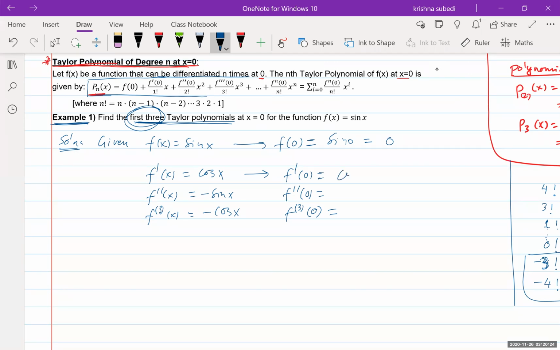F prime of 0 is cosine 0, which is 1. The second derivative of 0 is negative sine 0, that means 0. And the third derivative is negative cos 0, which is negative 1.